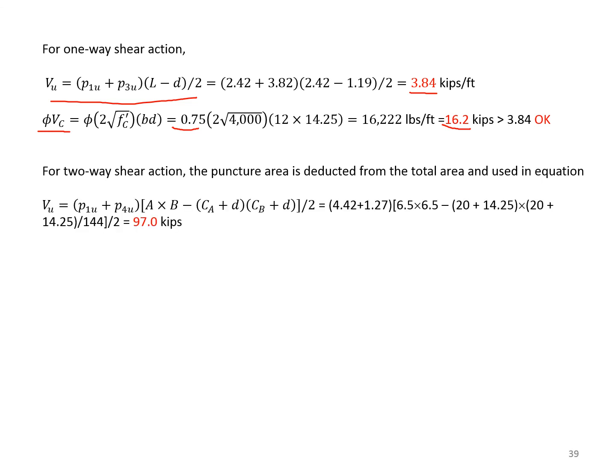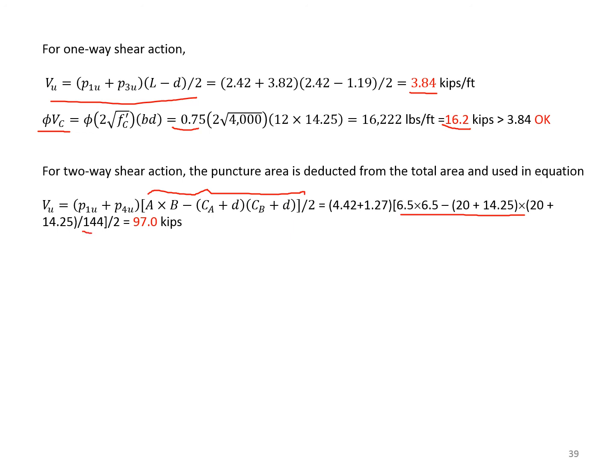For two-way, now we need to compute that b sub o, which I gave you the equation for before. And that's simply computed because we have all the sizes. Make sure not to mix up the units. So you notice that I have divided the area that was computed over here in terms of inches, because here I have feet, here I have inches.